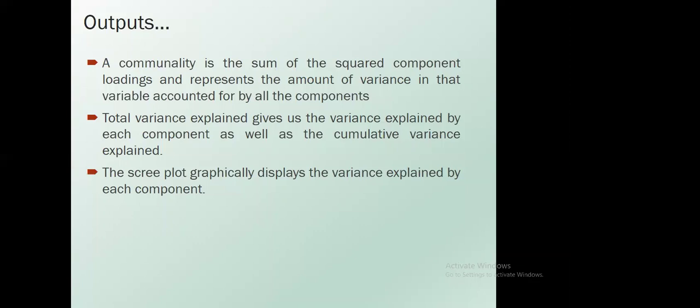That is identified by communality. The higher the communality, the more variation is being explained by that particular variable. The more variation it explains, the better it is, because it is more precise.